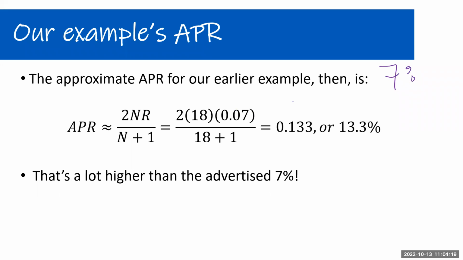If we calculate this on our calculator, we get 0.133, or about 13.3%. That's a lot higher than what they were advertising as 7%. So you can quickly see why the government requires that APRs are also disclosed, not just that simple interest add-on rate.